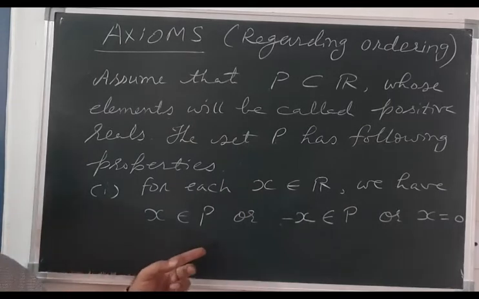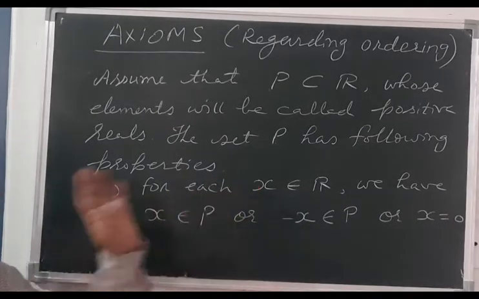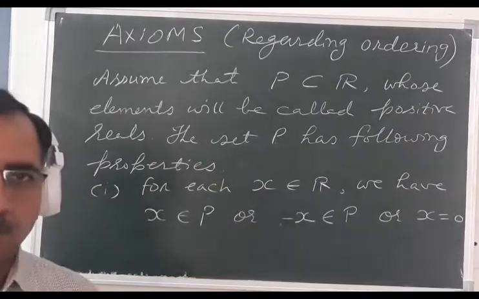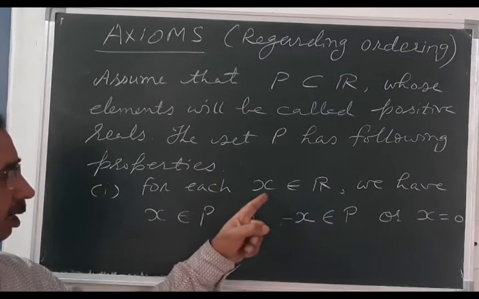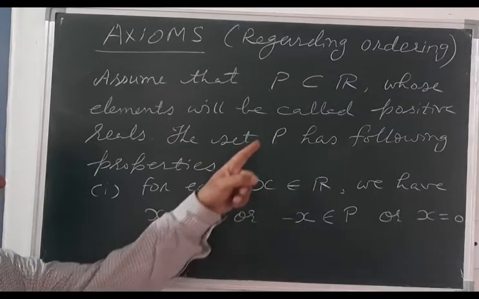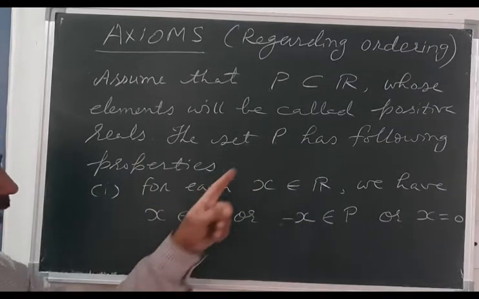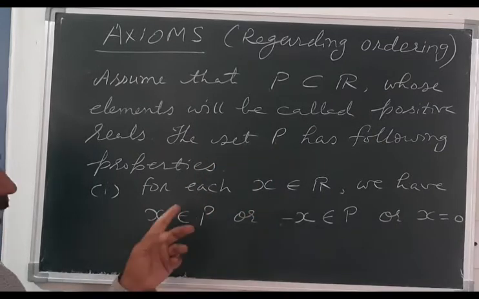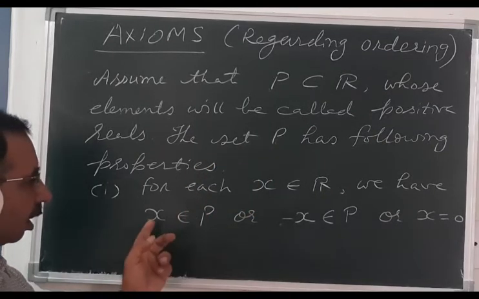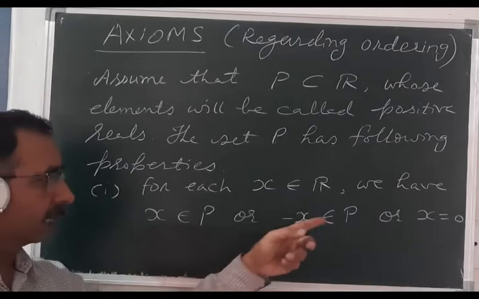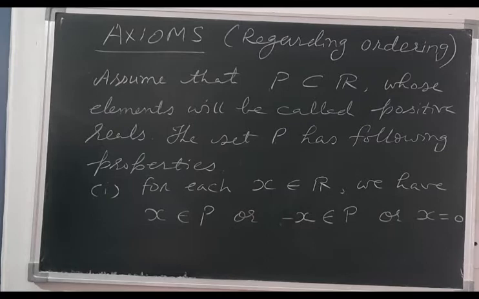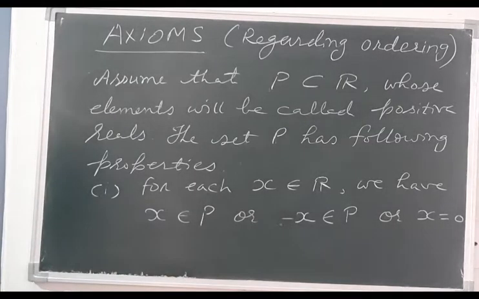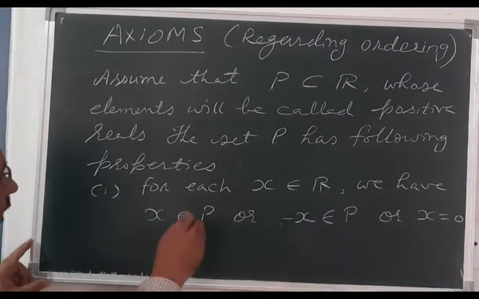And these are the only possibilities for any real number x. So this I have assumed, this is my first axiom. If I take any x, either that x lies in our subset P, or its additive inverse lies in P, or x is 0, the additive identity of reals. So these are the only possibilities for any real number x.